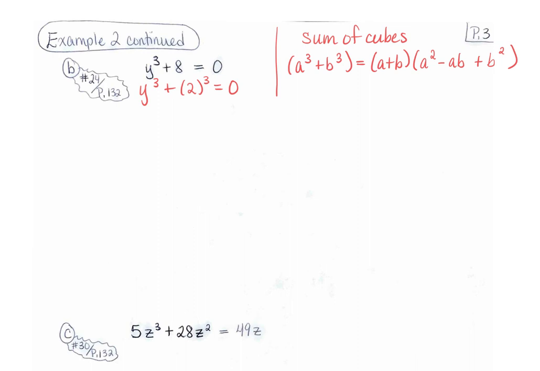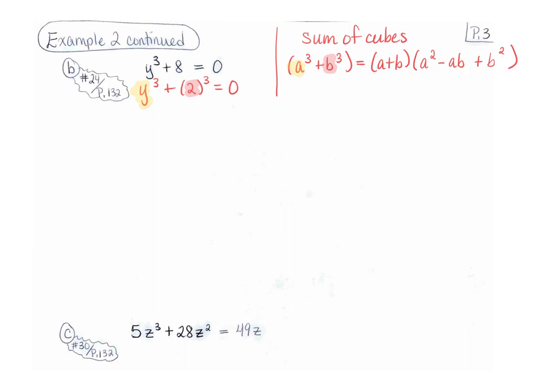Okay, so for us, our a is going to be y, and for us, our b is going to be 2. So now we're going to factor y cubed plus 8 using this expansion here.